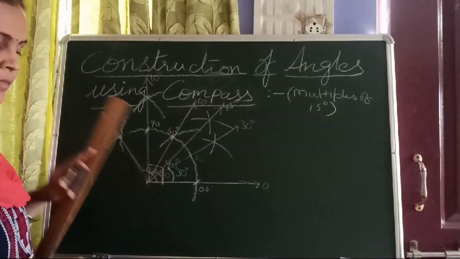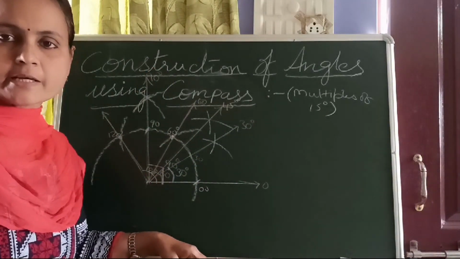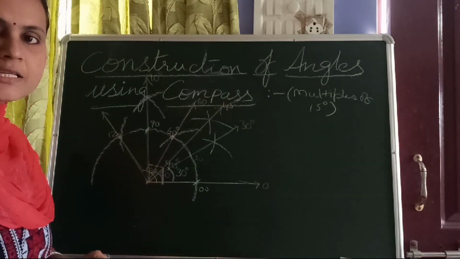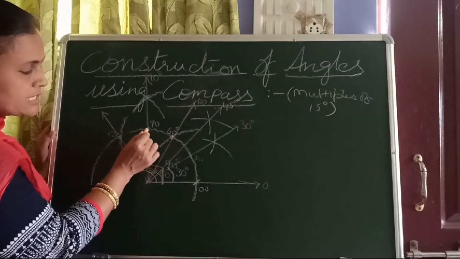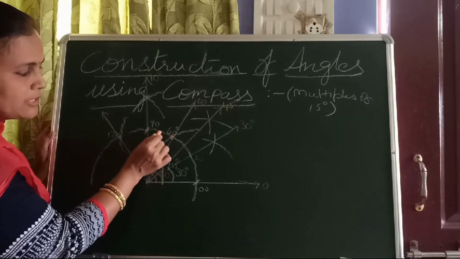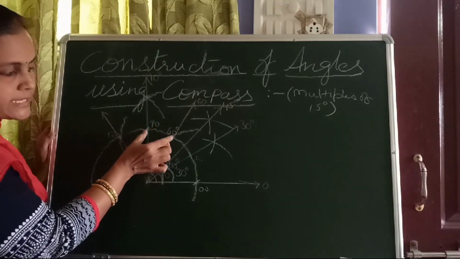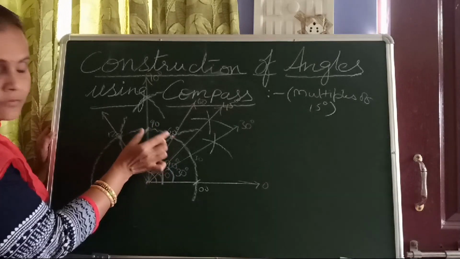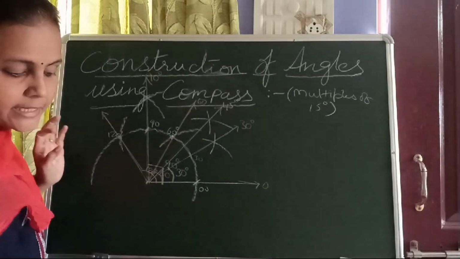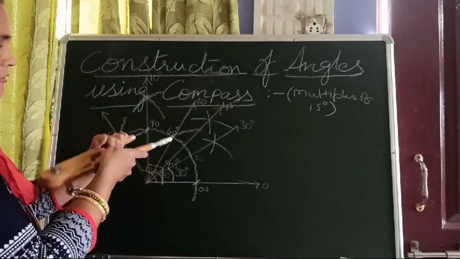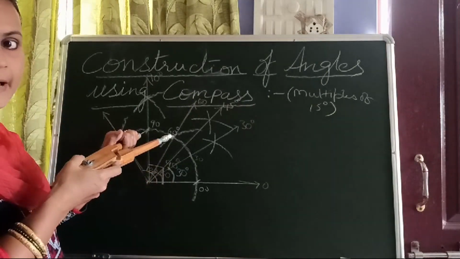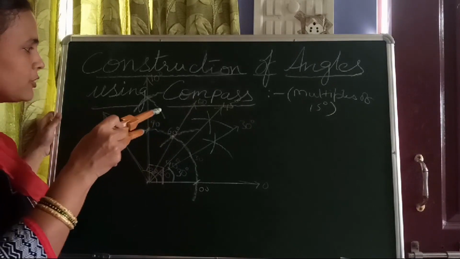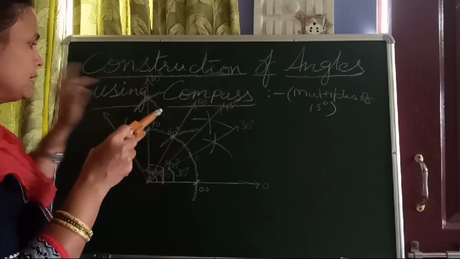Now, where do 75 degrees lie? 75 lies between 60 and 90. In this middle you will get 75. So let us bisect this gap with the compass by taking a radius more than half. Put it on 90, take more than half of the gap between 90 and 60, and draw an arc in the middle.